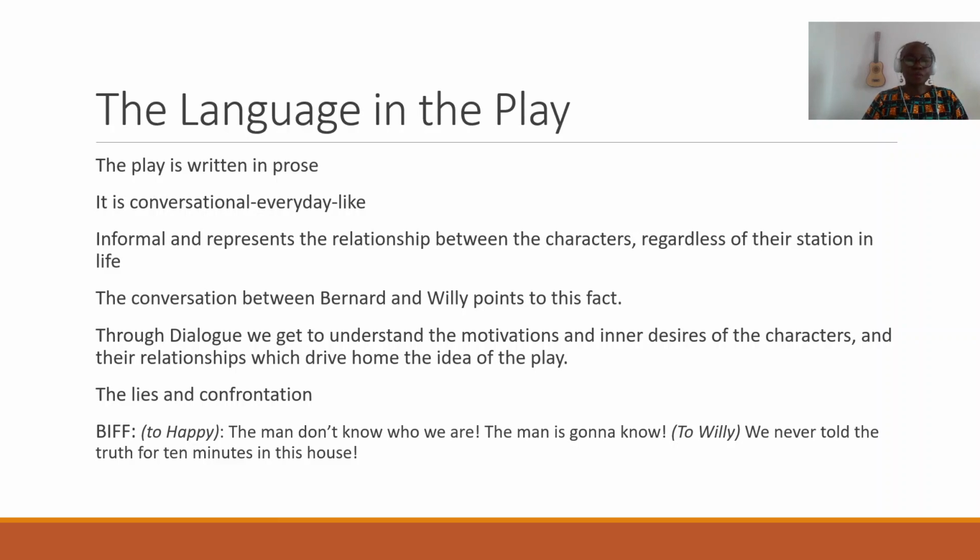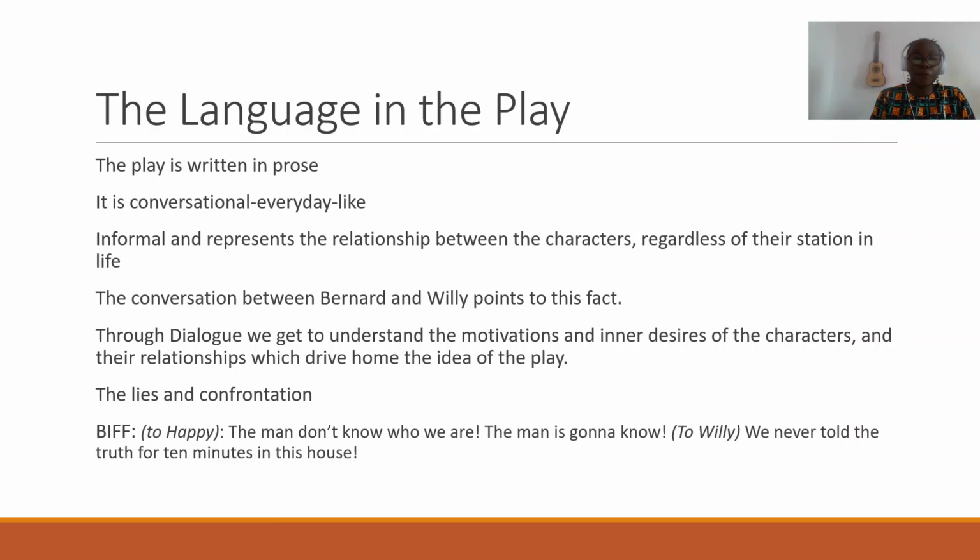So the lies and the confrontation are all delivered to us through dialogue. Biff tells Happy, the man don't know who we are. The man is gonna know. To Willie, he says, we never told the truth for 10 minutes in this house. And so it tells us that they have all been living a lie.